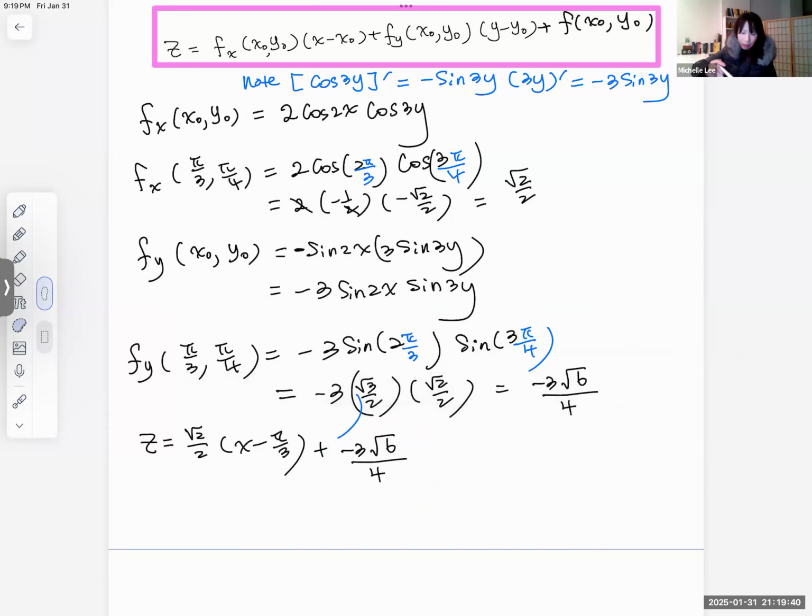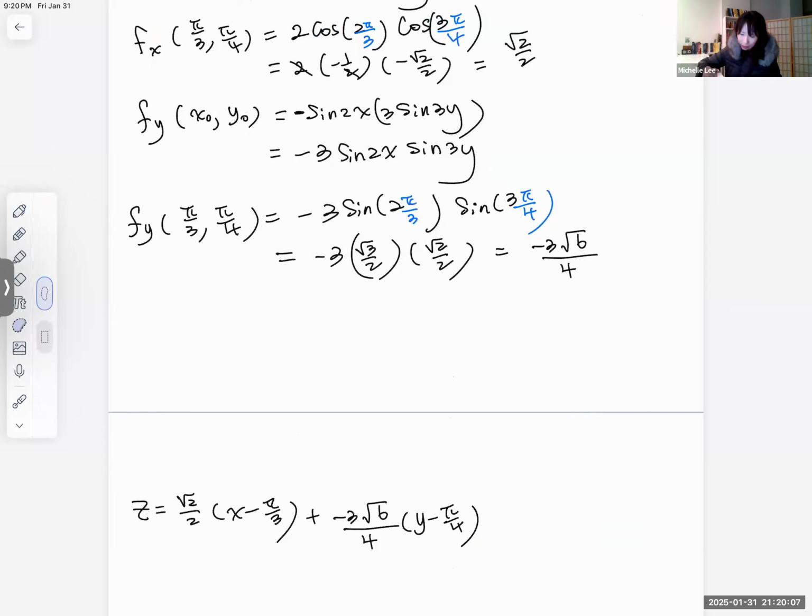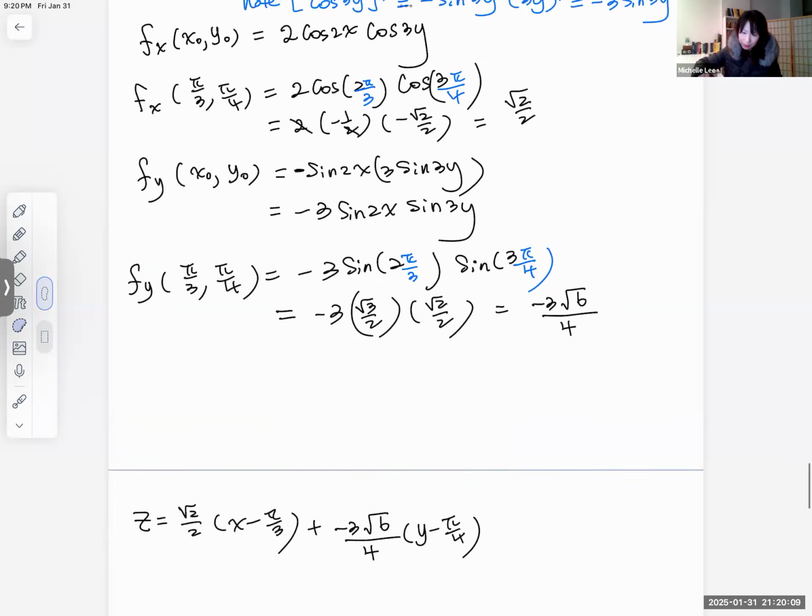Okay. Now, y minus y naught, which is pi over 4. Oh, we did not evaluate. Sorry about that. So let's evaluate. We need more space.